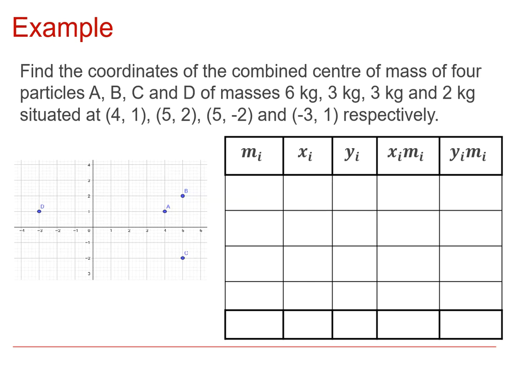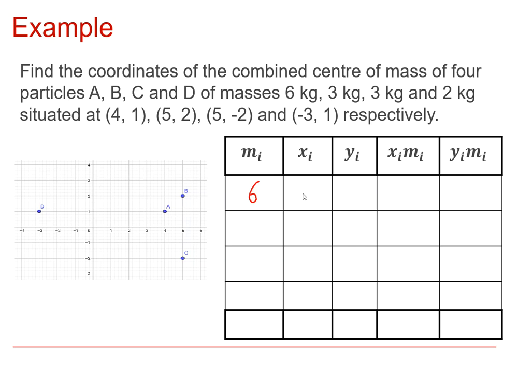Just like the table we saw earlier, except that there are two columns, one for x and one for y here, and therefore two columns for the products as well. Alright, so let's do these in order. We'll start with A. These have masses 6, 3, 3 and 2 kilograms respectively, so A has mass of 6, so we'll record that in there.